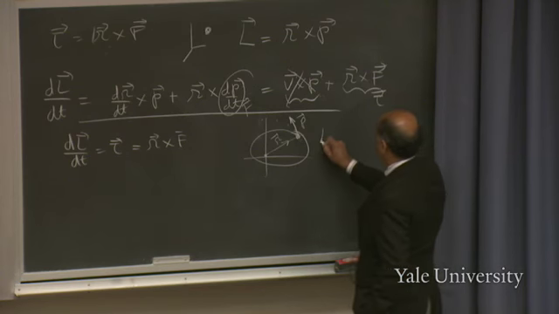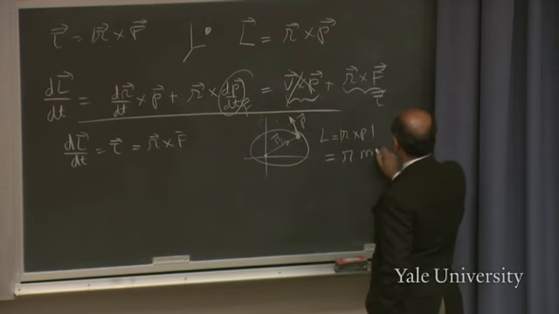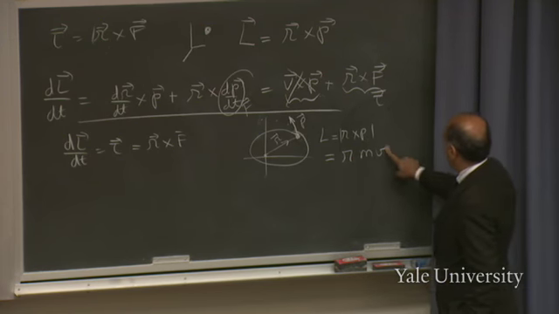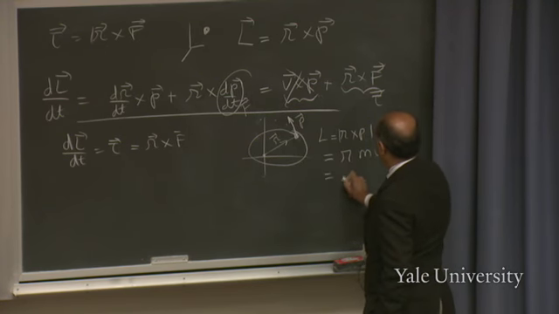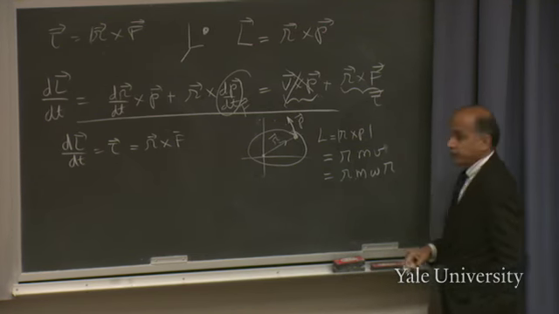R cross p, which is what I'm calling L, the length of L will be the length of r cross p, which will be r times mv, where v is the tangential velocity here. But we both know that that is equal to m times omega times r, because tangential velocity is omega r.